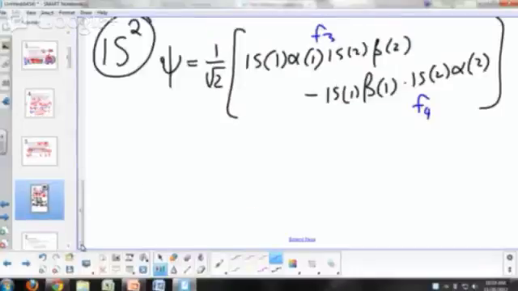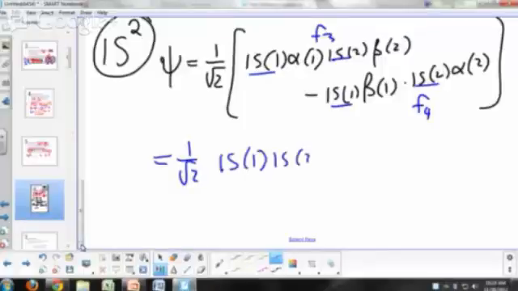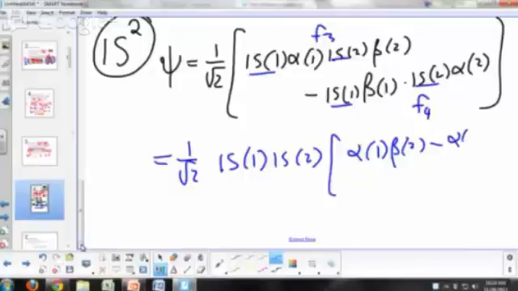So let's see if we can factor things out here. Minus 1 over square root of 2. I can factor out what's common between these two: 1s1, 1s2. So I can write 1s1, 1s2 times alpha 1, beta 2 minus beta 1, alpha 2. This is another way of looking at it.